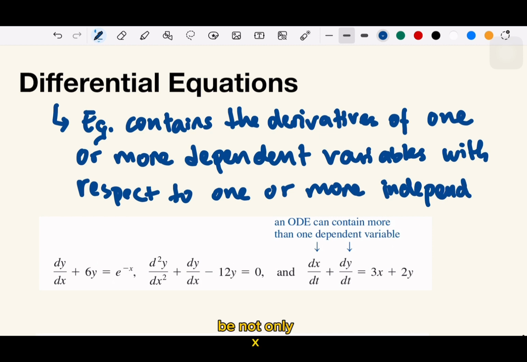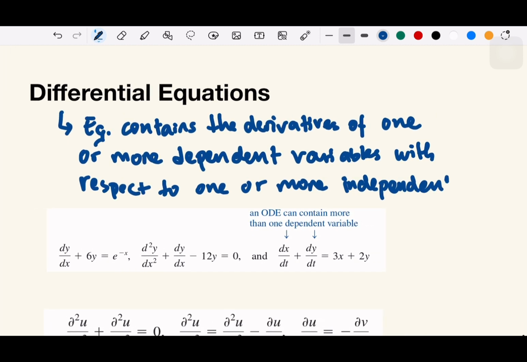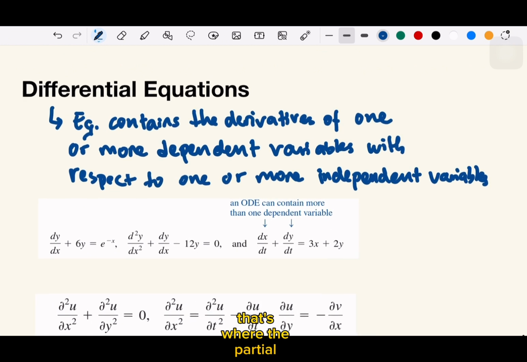So it can be not only x. That's where the partial will be defined. So an equation contains the derivatives of one or more dependent variables with respect to one or more independent variables.